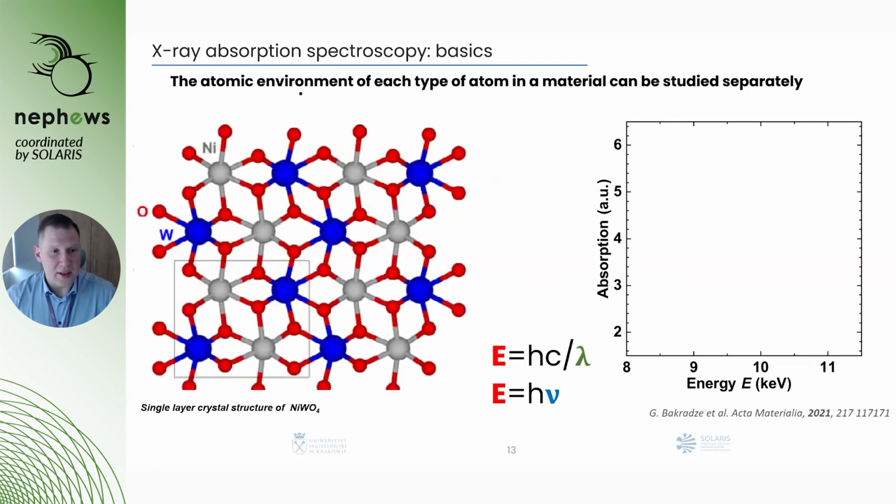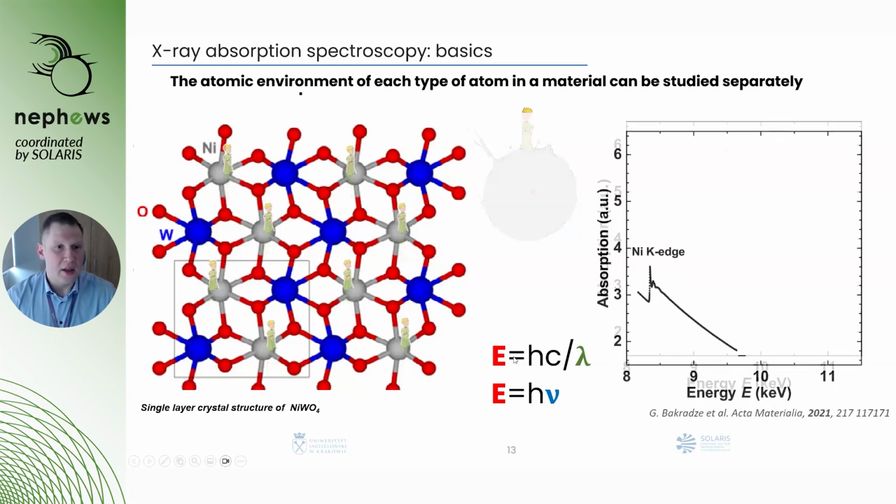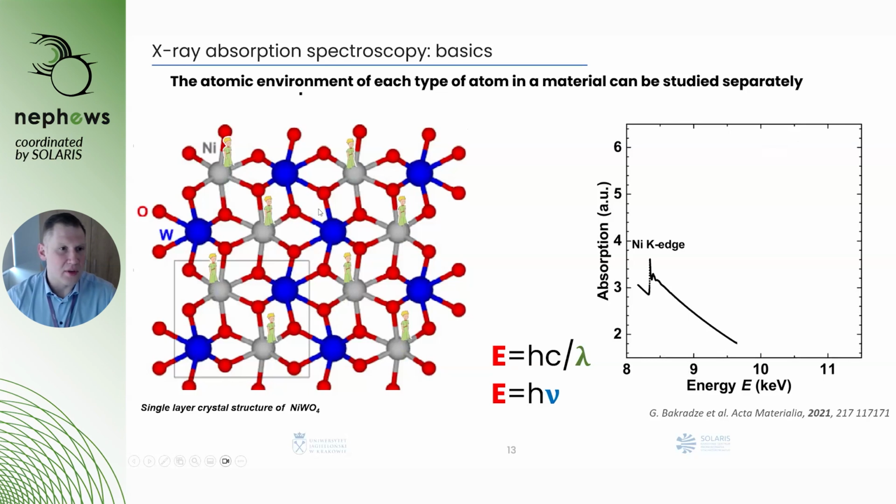Imagine that we have a material which consists of nickel, wolframium, and oxygen atoms. Let's imagine that this material is a small solar system with its planets. And as we know, on each planet we could have a small prince. Imagine that when we irradiate our sample with photons of a defined energy range, or defined frequencies as shown here, we can communicate with the small princes sitting on the planets called nickel.